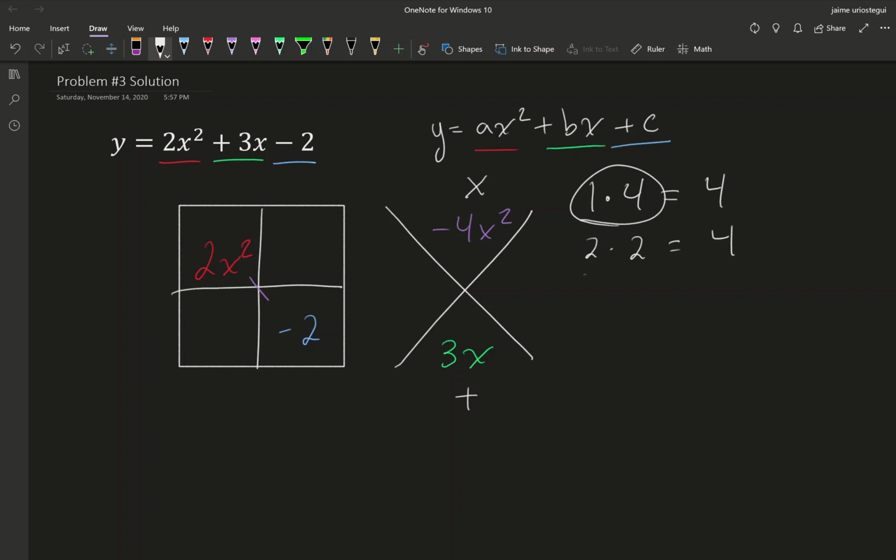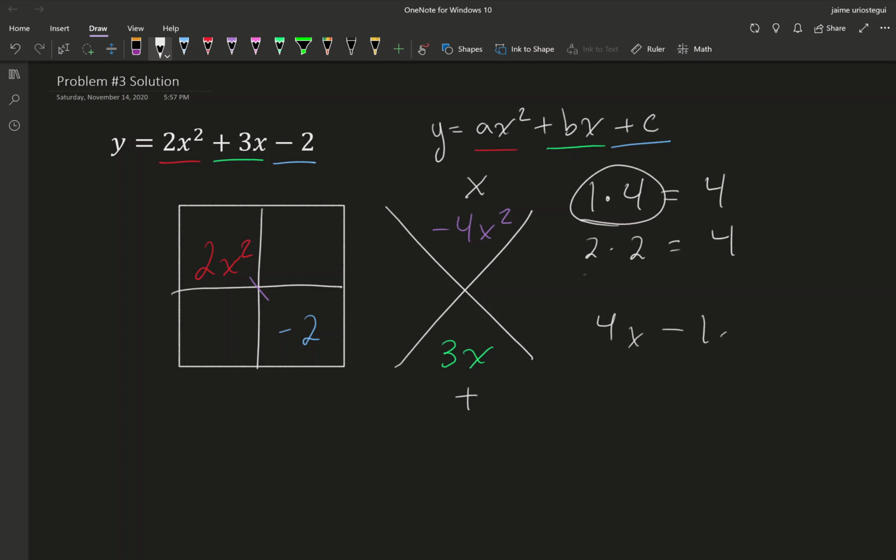The question becomes, do I make my 4 positive or my 1 positive? Because I need one of them to be negative in order to give us this negative sign when we multiply. Well, we should make our 1 negative, because we want a positive answer when we add them up. And if you want your answer to be positive, the bigger number has to be positive.